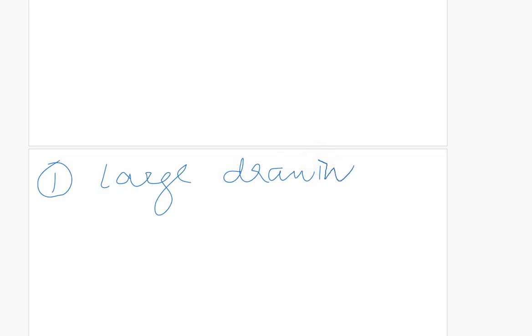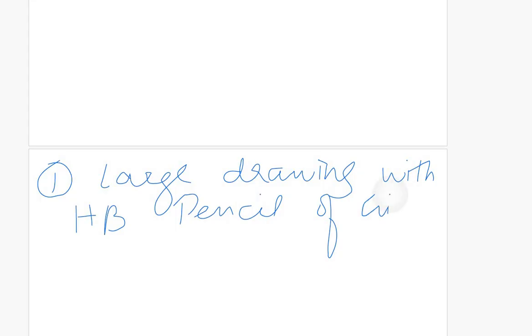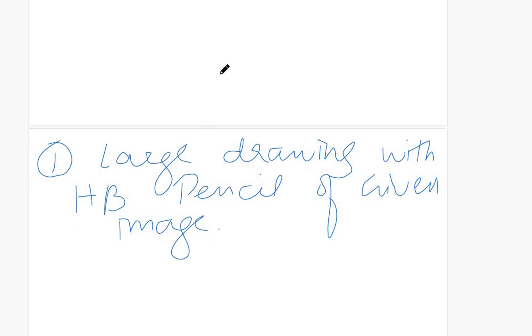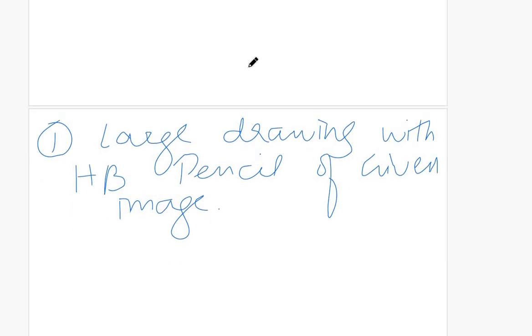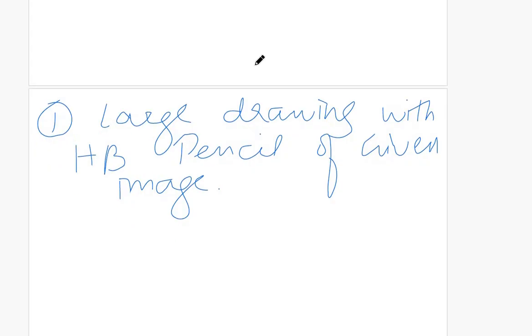The first criteria is we have to make a large drawing with HB pencil of the given image. First of all, we have to draw this large drawing.